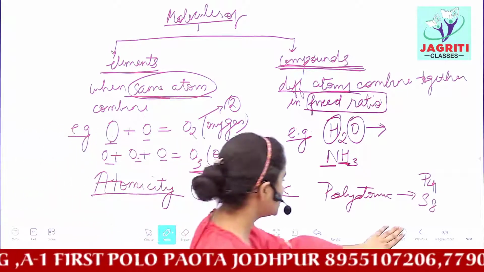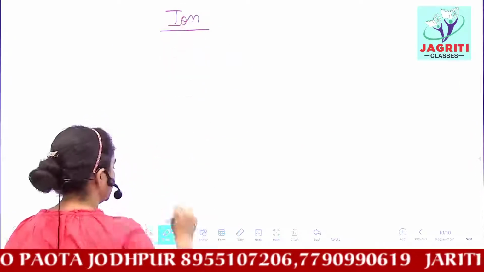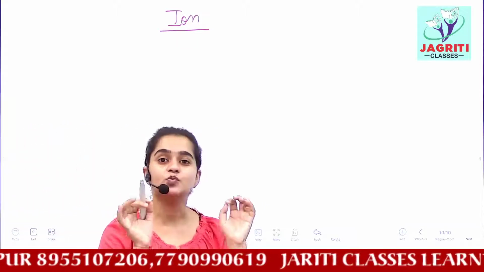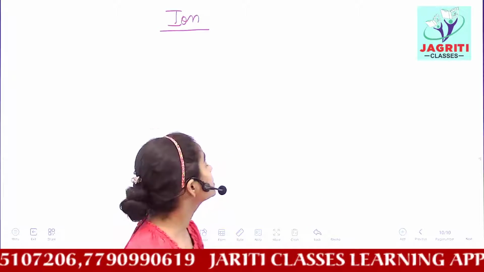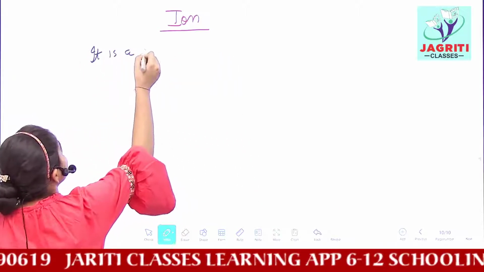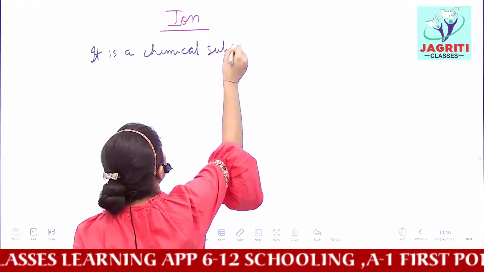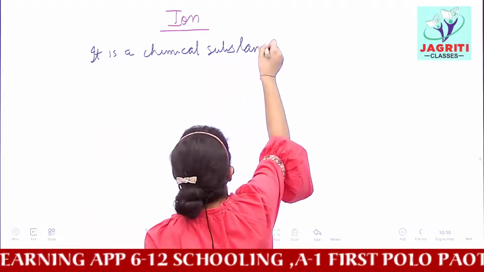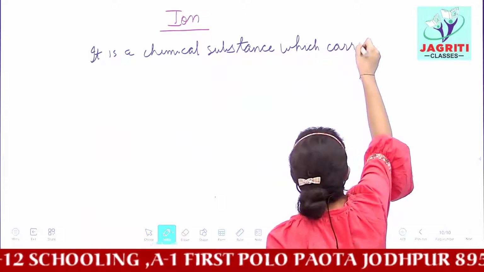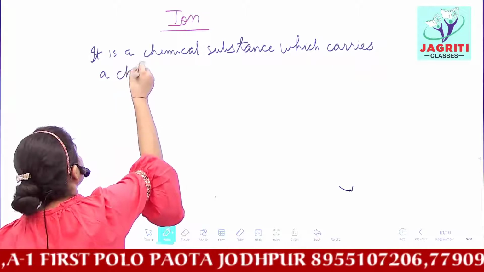Now we have a next term, that is ion. You have to know what is meant by the term ion. An ion is any chemical species which carries a charge on it.